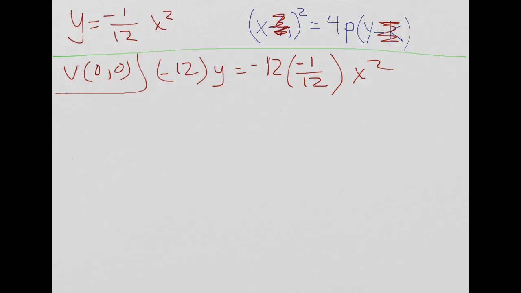Now notice first off I have a double negative, so those are going to go away. And then I have a 12 in the numerator and a 12 in the denominator, so those two terms will eliminate each other. And I will just be left with x squared, which was what I wanted. So I have negative 12y equals x squared at this point.